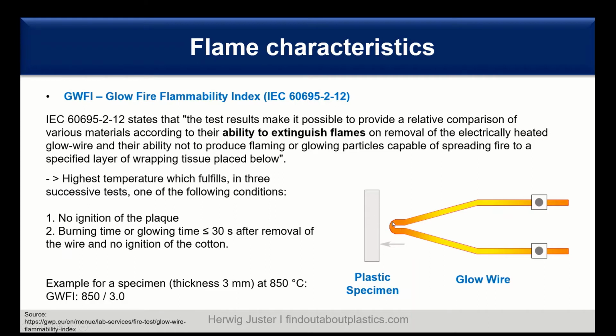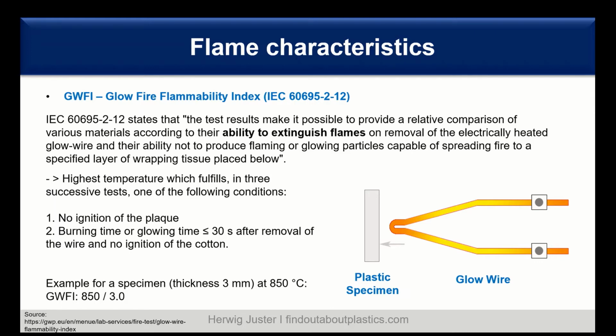Then there are again criteria: you look at the ignition of the plaque and also the burning time or the glowing time after you remove the wire. And again, there is cotton on the bottom, and when the sample starts dripping, you also look if the cotton ignites or not.